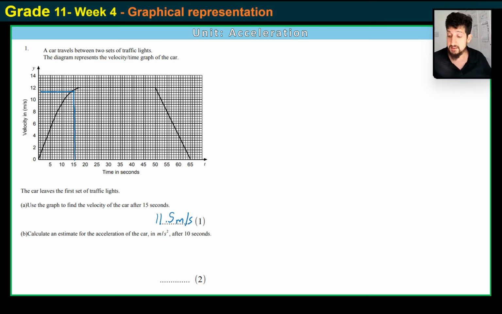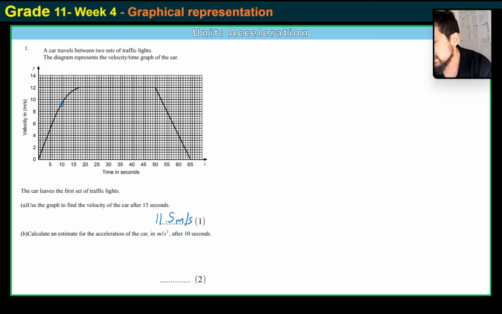Calculate an estimate for the acceleration of the car in meters per second squared after 10 seconds. They want an estimate. So here's the 10 seconds, and they want an estimate of the acceleration. How do I calculate the acceleration? Of course, in order to calculate the acceleration, I need the gradient.